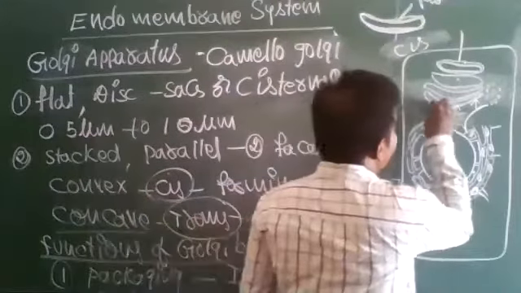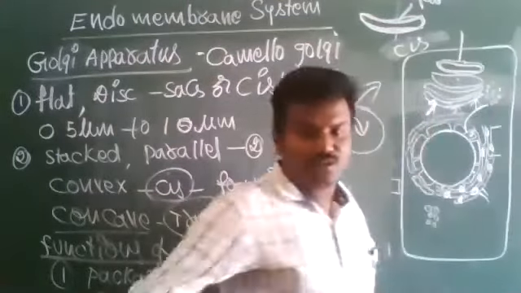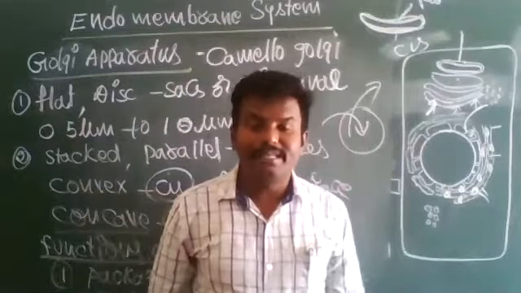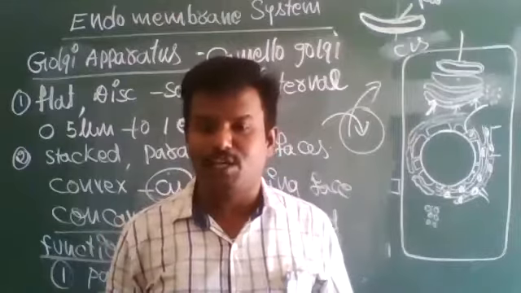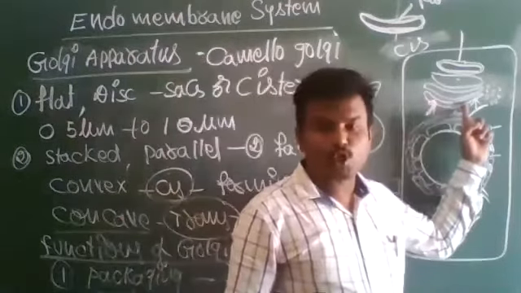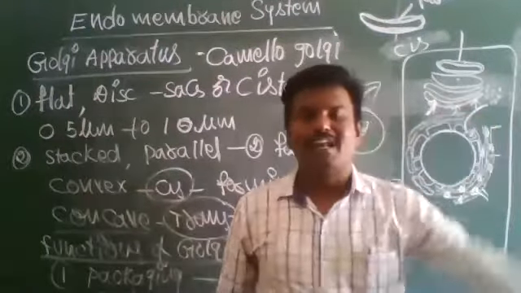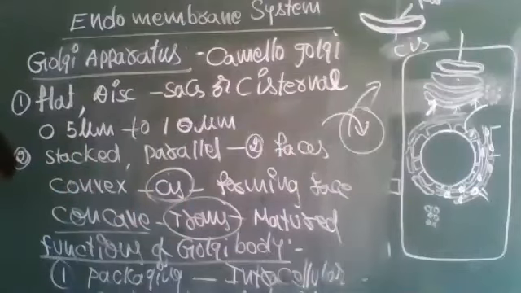They attach and leave the Golgi complex, and in the meantime those are modified. Whatever materials are packed in vesicles from the endoplasmic reticulum are fused to the Golgi complex, modified and matured before they leave through the maturing phase. That is the second function.